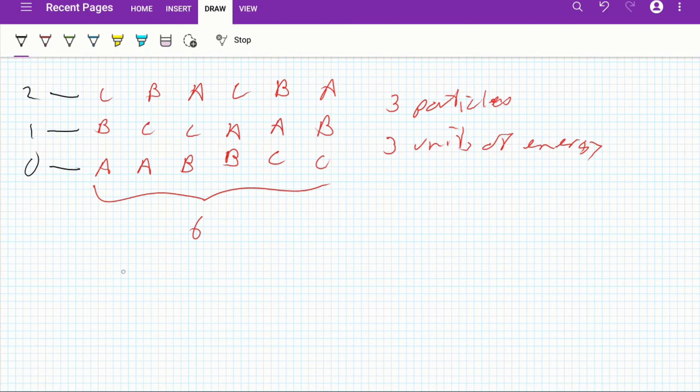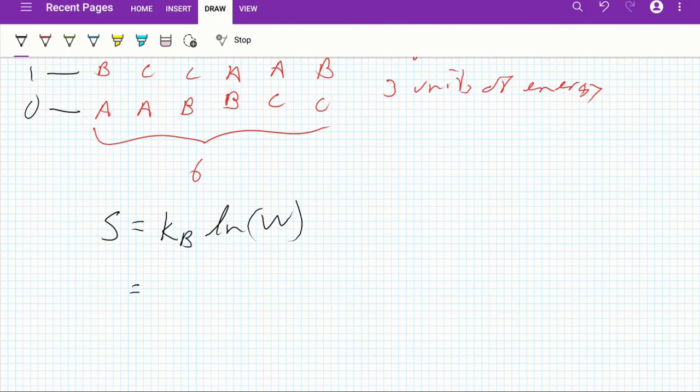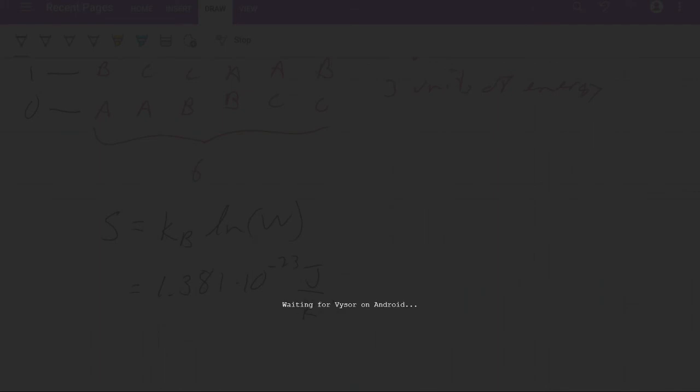We want to calculate the entropy. S is equal to KB natural log of the number of ways. And so you just literally need to look up Boltzmann's constant. Boltzmann's constant is 1.381 times 10 to the minus 23 joules per Kelvin times the natural log of 10.